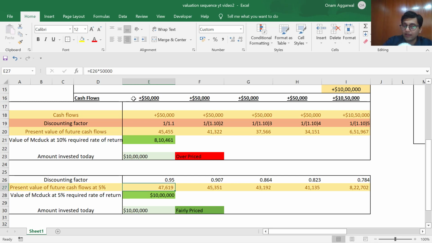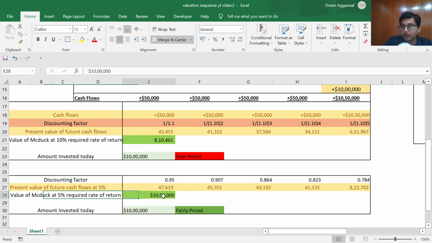So cash flow values for year 1 go from 45,000 to 47,000. Accordingly, in the 3rd year from 37,000 to 43,000, and the big terminal value, which we'll get at the end of year 5, from $651,000 becomes $822,000.